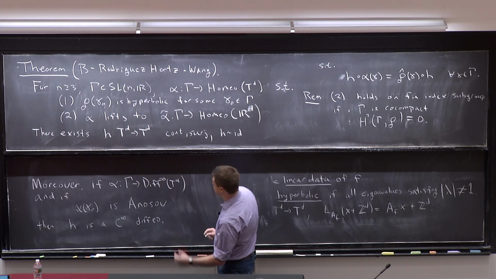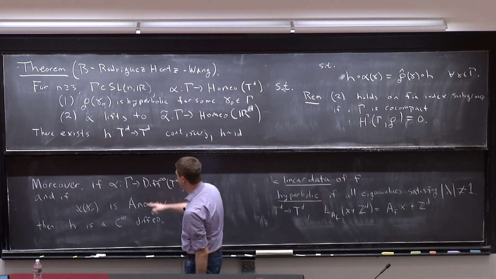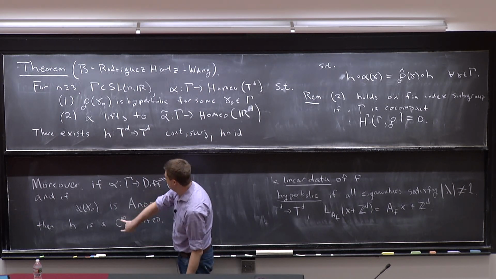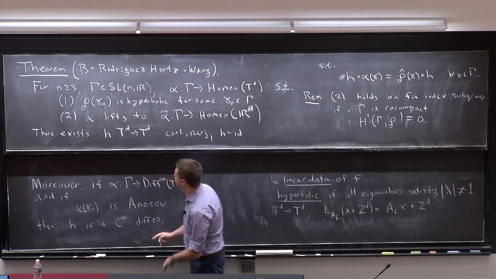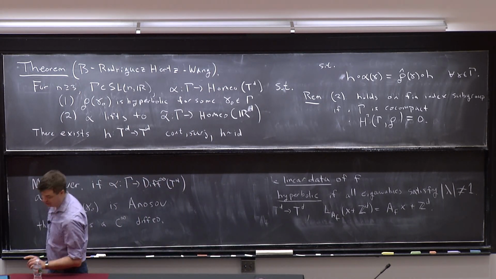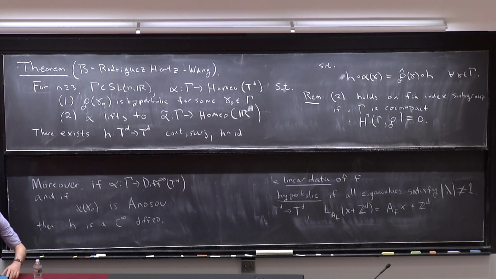And there's some questions about what can you do in between. So if you have a smooth action and maybe you're not a Nossoff, what sort of properties can this H have? But I don't have answers to those intermediate questions. So here's a theorem which, as opposed to saying no actions exist, says, well, we know there are some actions. There are the affine actions that we built from before.